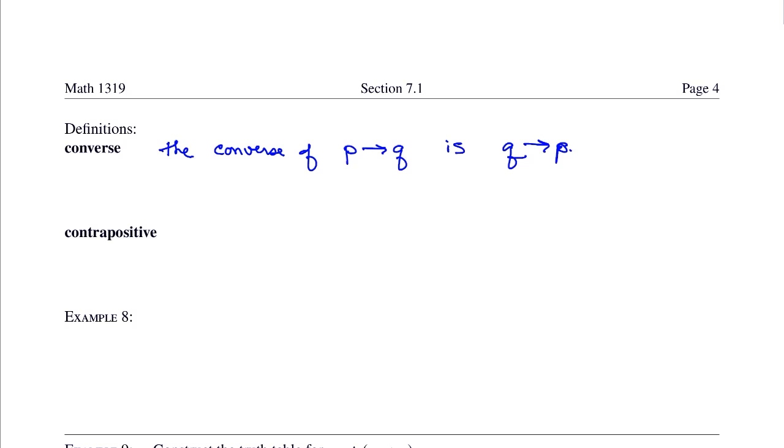On a contrapositive, we've got to do a little more. The contrapositive of if P then Q is if not Q, then not P. So on the contrapositive, not only do you switch them, you negate them. All right, it's the old double switcheroo here, right?